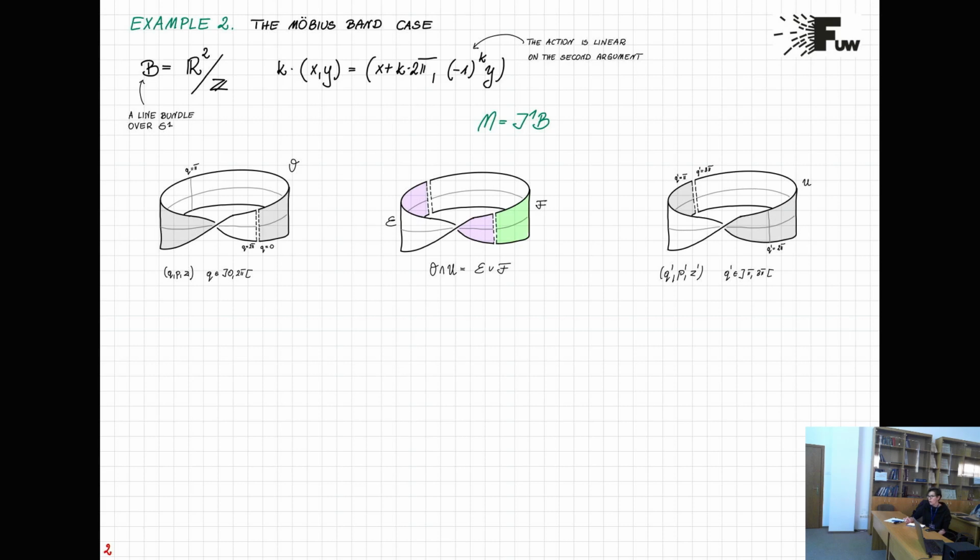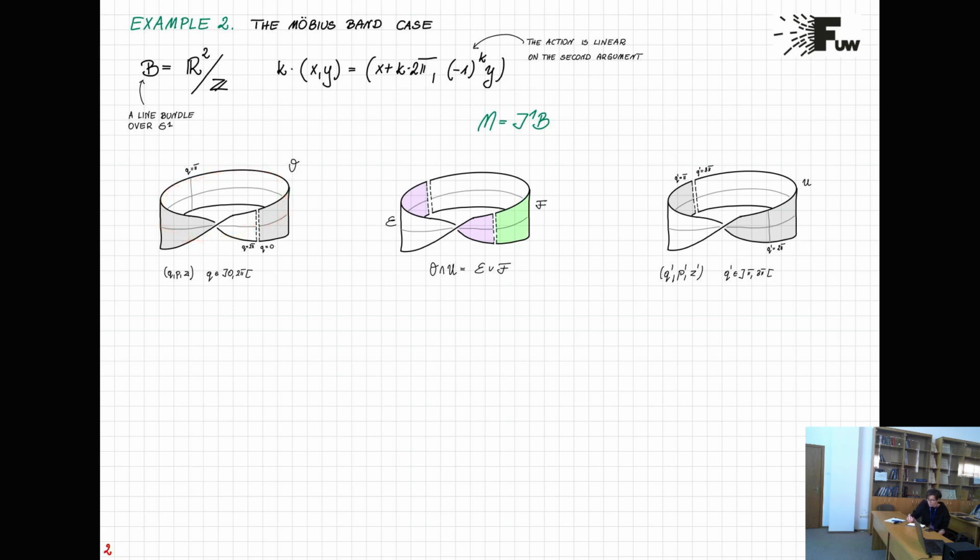As you probably know, it is enough to have two coordinate charts to describe Möbius strip. So we choose those coordinate charts in such a way that will be convenient for us. First we cut the strip somewhere here, which means that the first variable will change from 0 to pi.